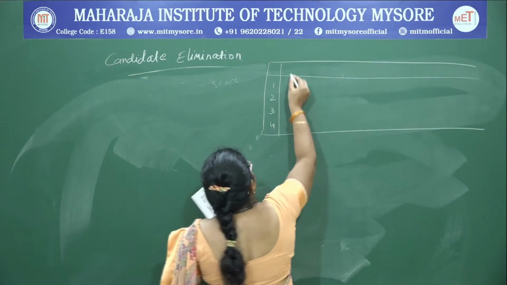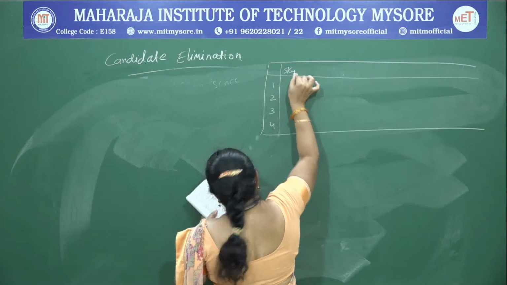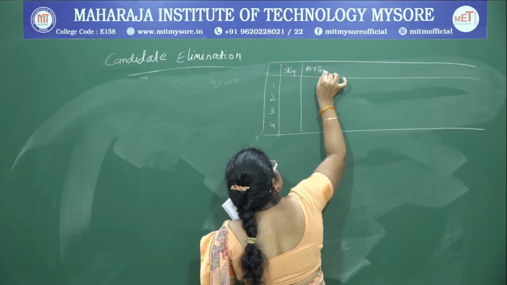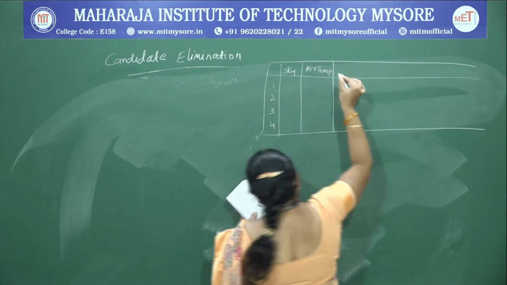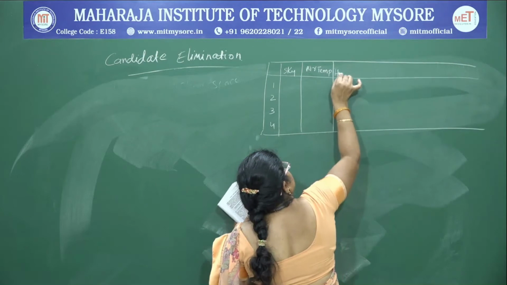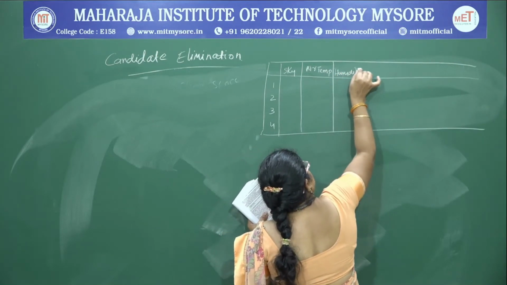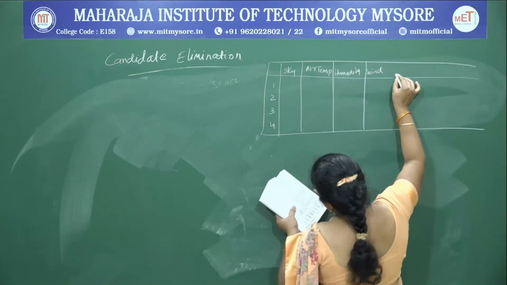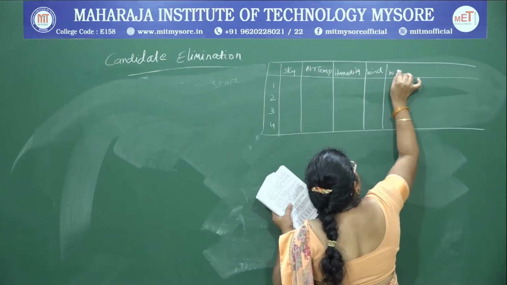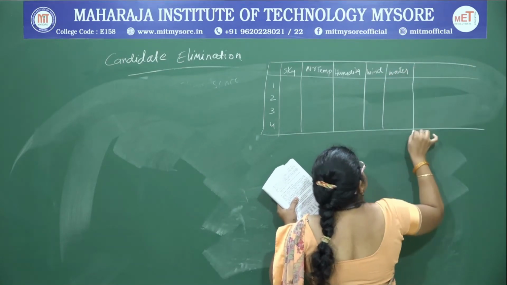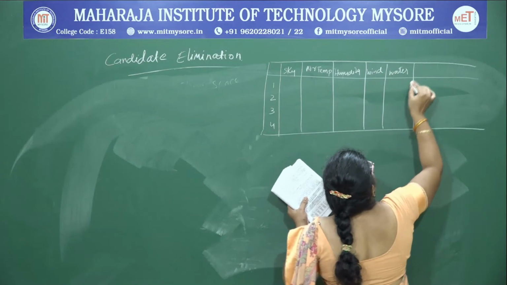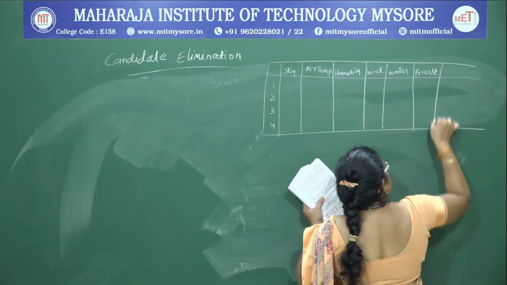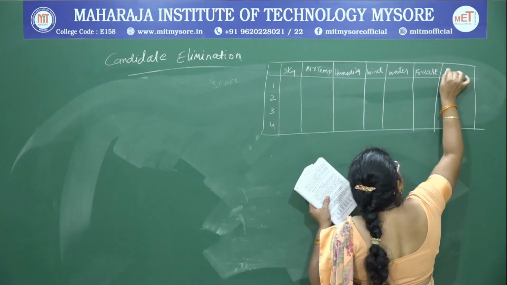In this example we have 6 attributes: sky, air temperature, humidity, wind, water, and forecast. And the last one is the target, enjoy.